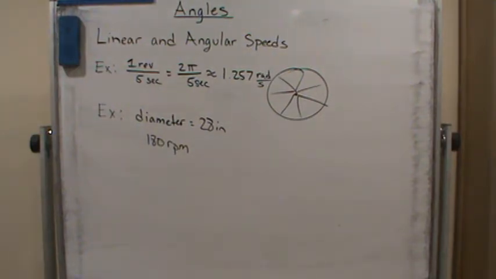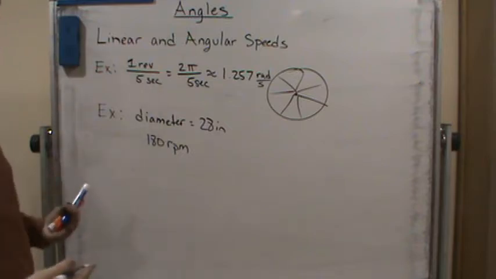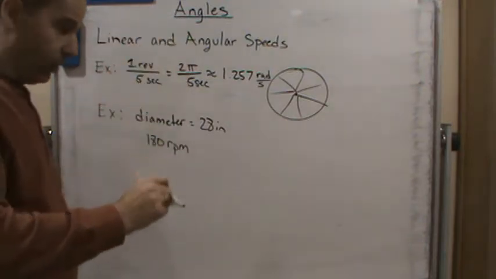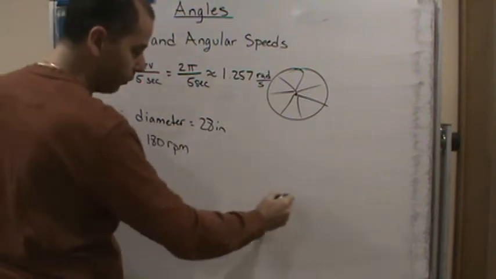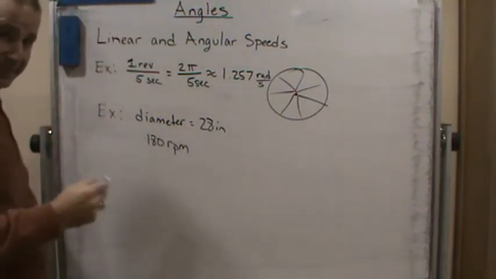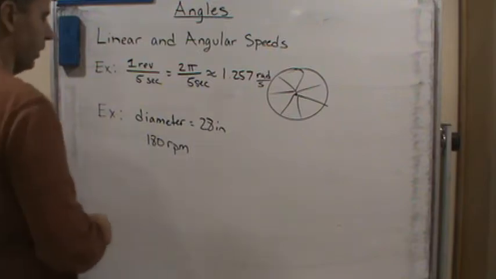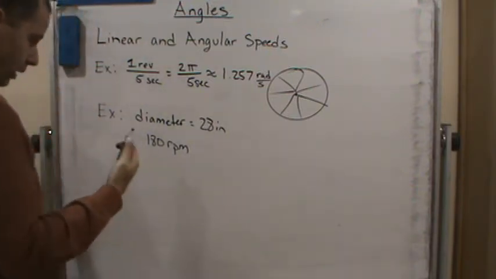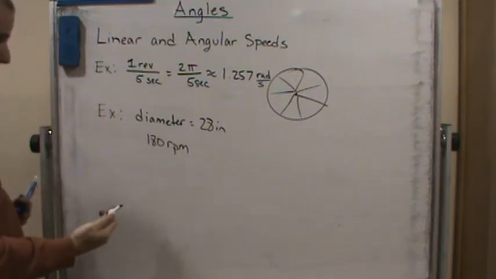Now, find the speed the bicycle is traveling down the road. So this is linear speed because we're saying how much of the arc length, which translates to the amount of the road that it's covering, right? So we want to convert this to linear speed.